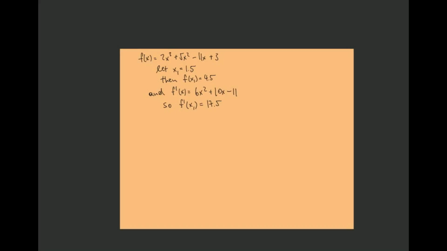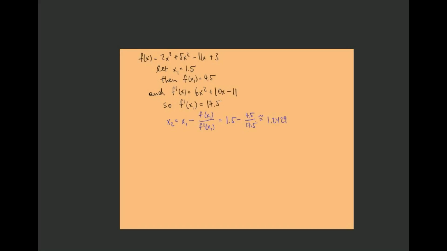That is the slope of the tangent line at x1, and that gives us x2 according to the formula we just talked about: x2 equals x1 minus f of x1 divided by f prime of x1. So we've got all the numbers here, 1.5 minus 4.5 over 17.5, and we have an approximate result for x2, which is 1.2429. When you do this on the calculator, make sure you store x2 so you don't get any rounding errors that compound after a while.